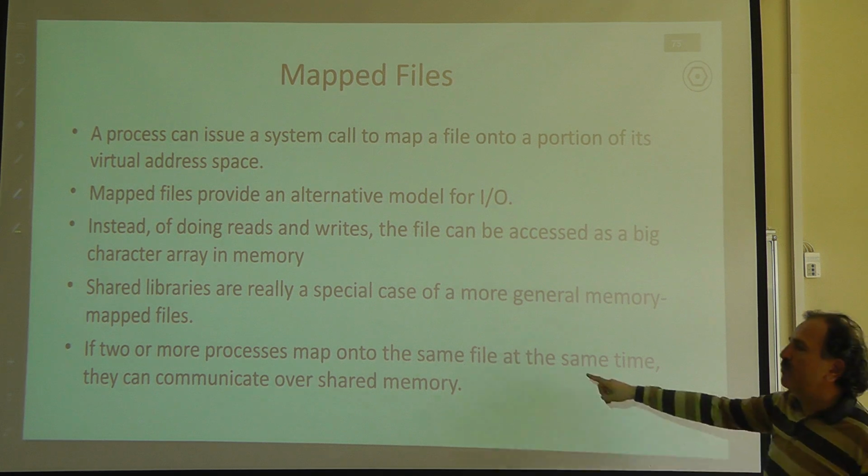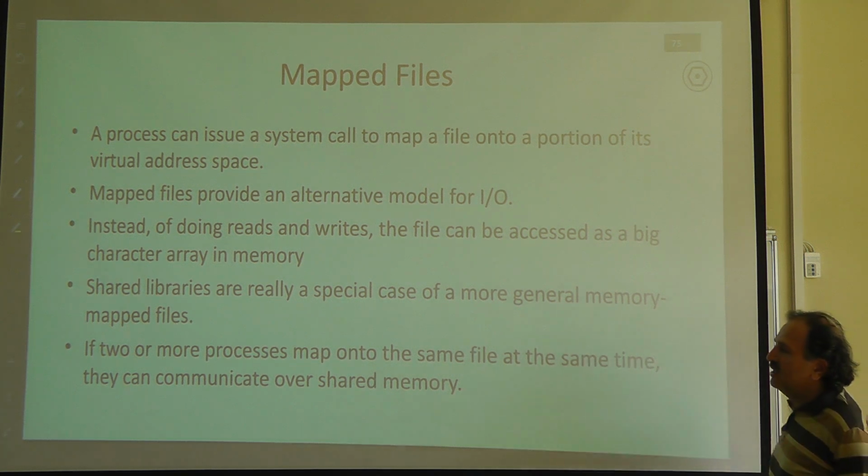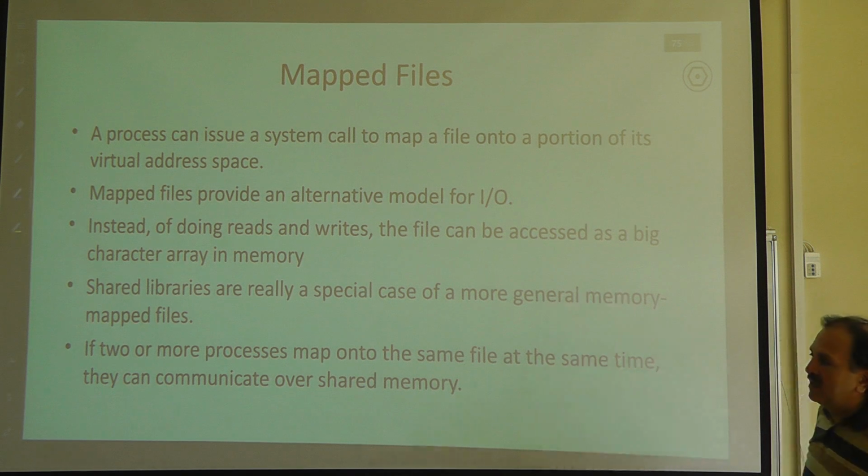If two or more processes map onto the same file at the same time, they can communicate over shared memory. This is a very fast way of communicating between these two processes, because otherwise, since the processes have different address spaces, they cannot reach each other's address space.